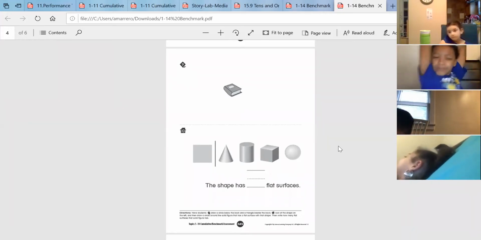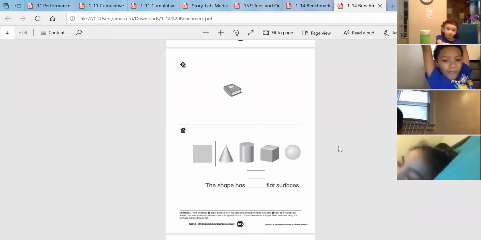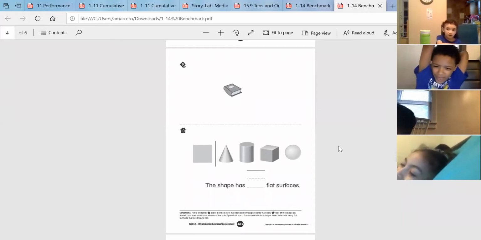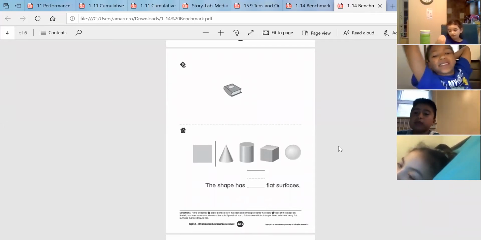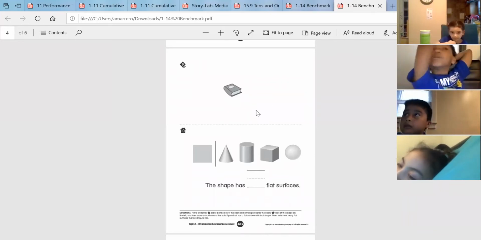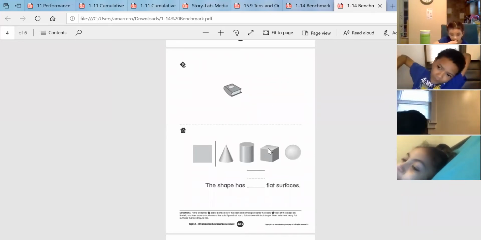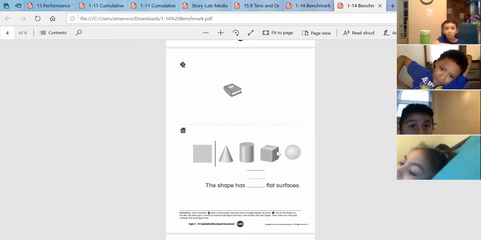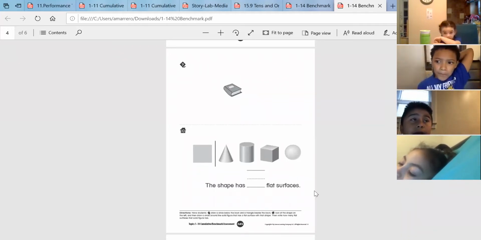Now that's very cool. So you can see the flat shape and see which 3D shape it looks like. Now here's the hard part. Now they asked you, how many surfaces did the cube have? So how many squares make up the cube?